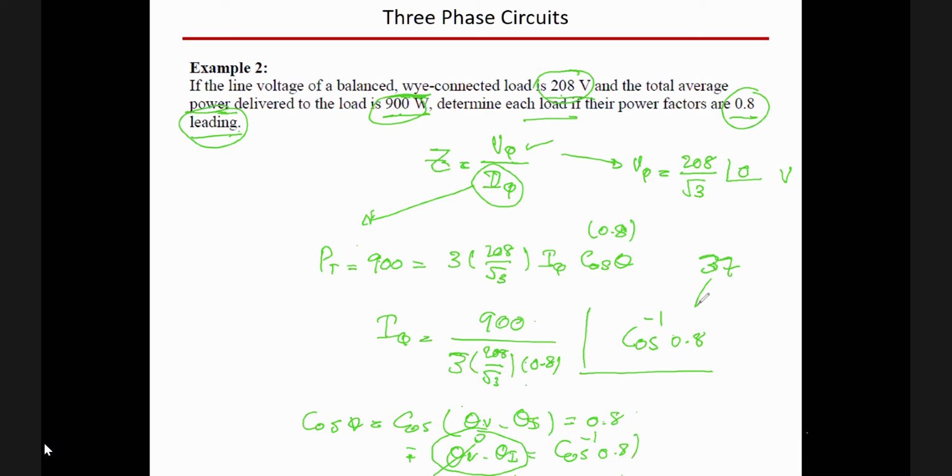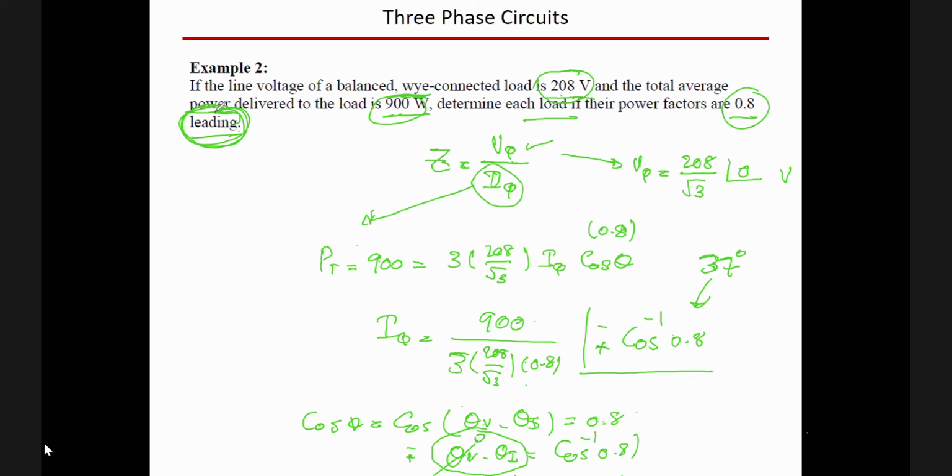So yes, the angle here is 37, but there is also one important step that you need to do. You need to specify if this 37 is minus or plus, because as I mentioned, it can be minus or plus based on leading or lagging. That's correct. Leading or lagging will give you the indication if it is plus or minus.